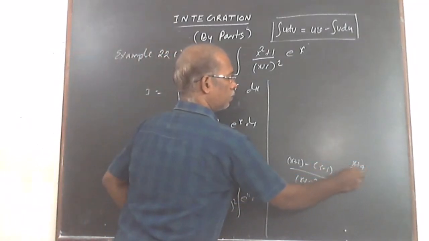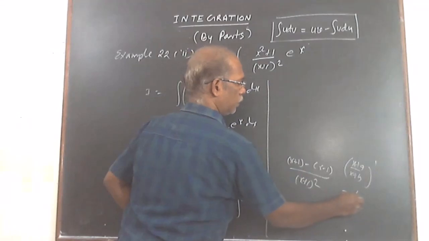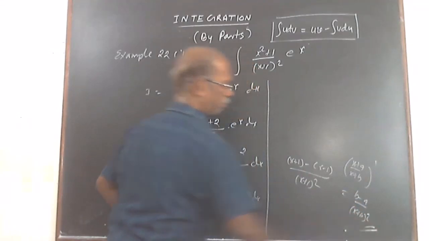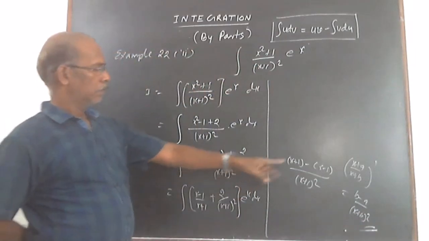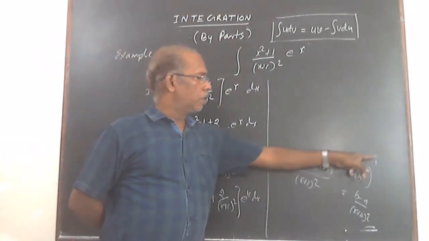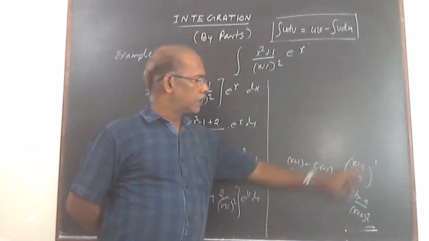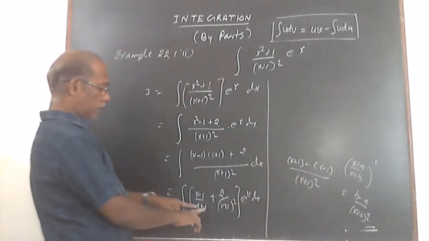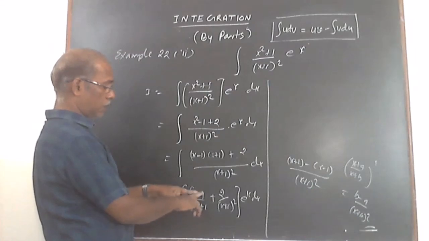The derivative of x plus a by x plus b is b minus a by x plus b the whole square. Very simple formula. Applying this, b minus a is 1 minus minus 1, which is 2.